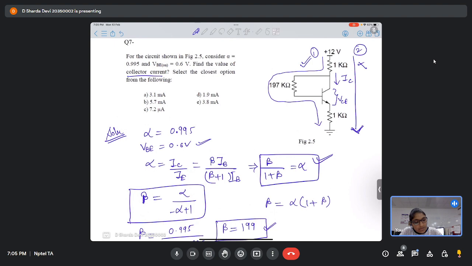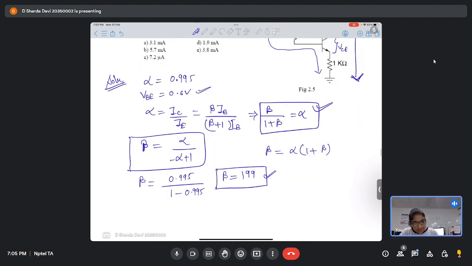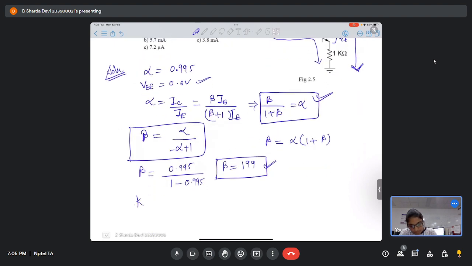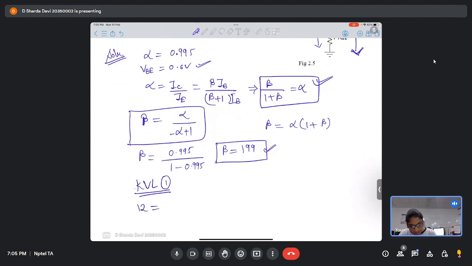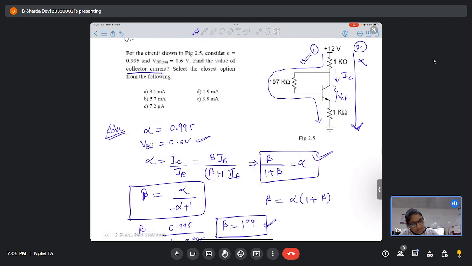So how will we write the KVL here? KVL for path 1: 12 volts equals, what is the current across this 1 kilo ohm? Is it IC or is it IB plus IC?